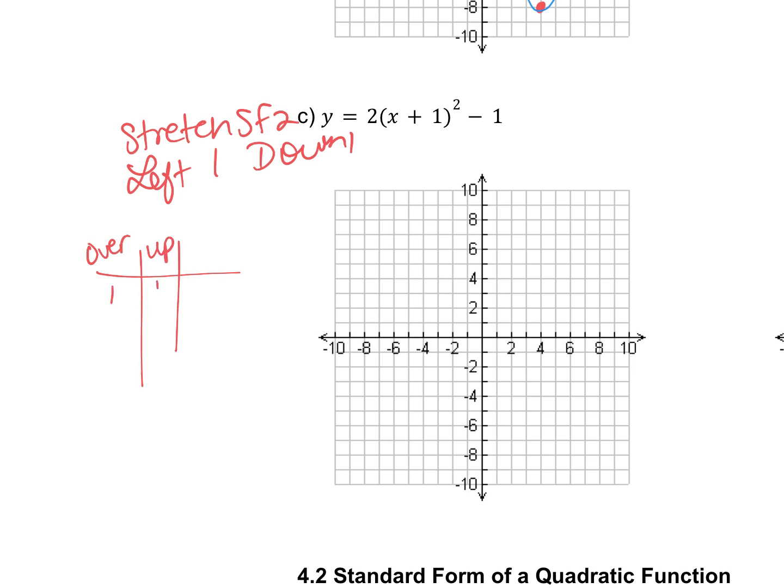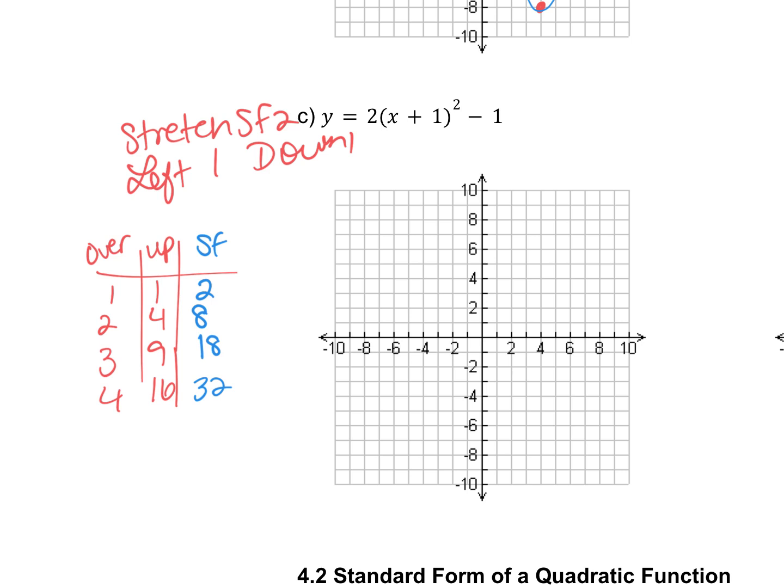It's usually over 1, up 1, over 2, up 4, 3, 9, 4, 16, and so on. Since this one has a stretch, it's a scale factor, you have to multiply it. So it'll be over 1, up 1 times 2, which is 2, over 2, up 8, 3, up 18, and 4, up 32, but absolutely not, I'm not doing that.